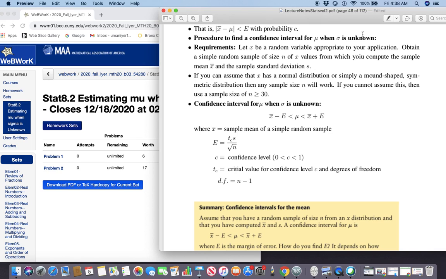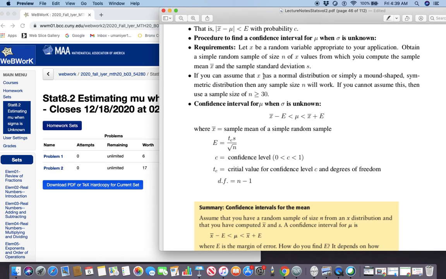standard deviation is unknown. So the requirement is that x be a random variable appropriate to our application. We are going to obtain a simple random sample of size n of x values from which we compute the sample mean x bar and sample standard deviation s.